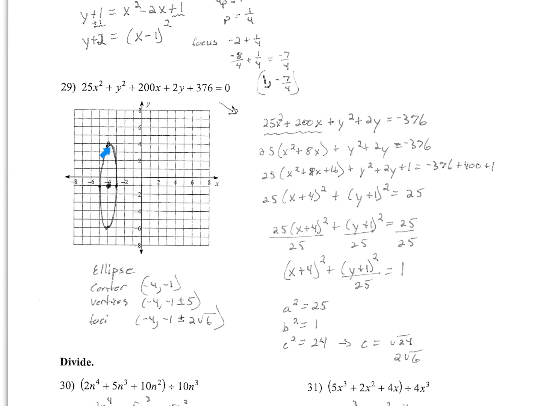So basically we're adding 5 and subtracting 5 from that -1. Now the foci are at -4, and -1 plus or minus the c value. Well, the c value is 2 square root 6. So we could write the foci as (-4, -1 plus or minus 2 square root 6). That's a look at number 29, which was an ellipse.